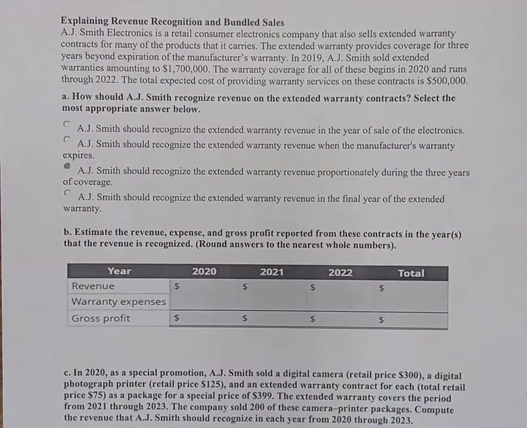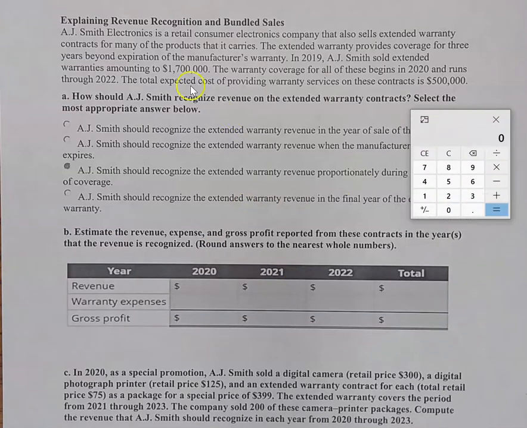Estimate the revenue, expense, and gross profit reported from these contracts in the year that the revenue is recognized. For our purposes, we're just going to say we have $1.7 million and divide that by 3 years.